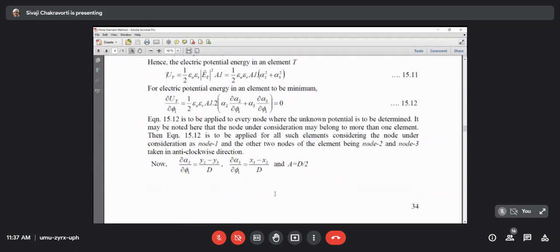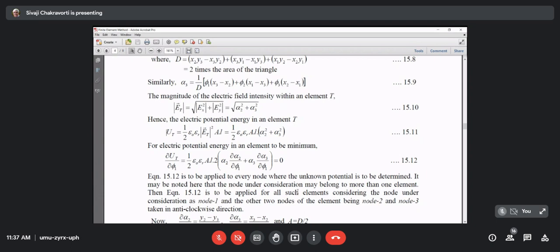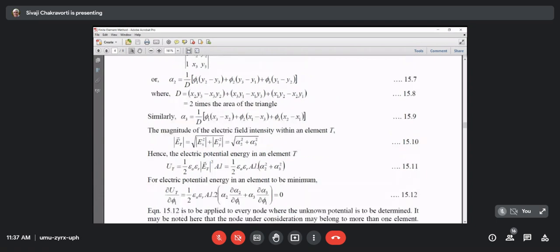In equations 15.11 and 15.12, this A is the area of the triangle, which is of course D by 2, because capital D is 2 times the area of the triangle. So we get del alpha 2 del phi 1 from equation 15.7, and del alpha 3 del phi 1 from equation 15.9. 15.7 here and 15.9 here on your screen.